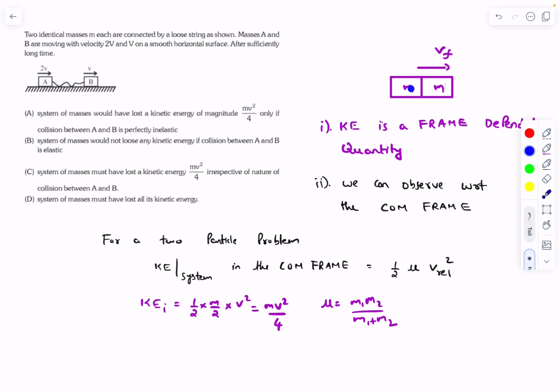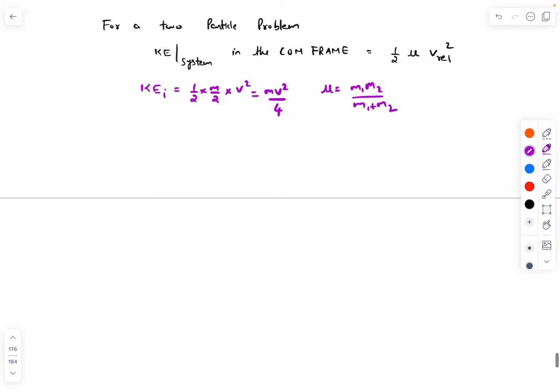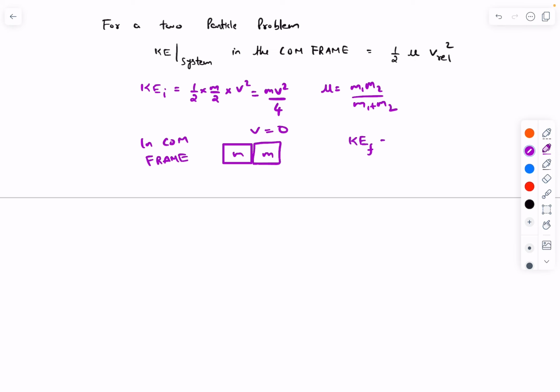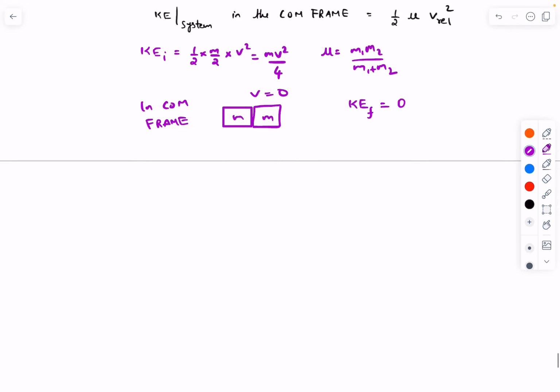With respect to the center of mass, both the masses will appear to be at rest. So in the center of mass frame, both masses will have a final speed of 0, which means the KE final is actually 0. There are no other forms of energy in this question. So the loss in kinetic energy in the center of mass frame is mv squared by 4.